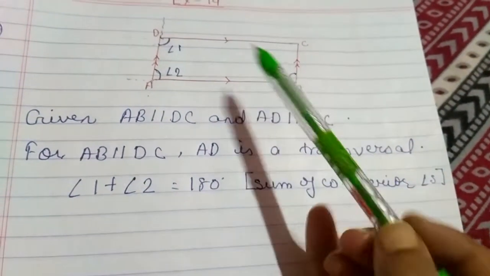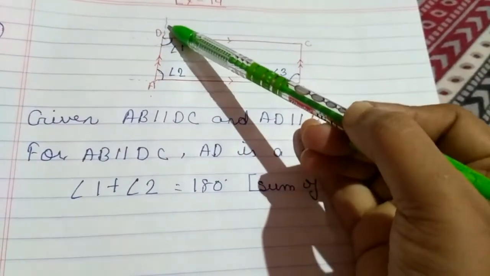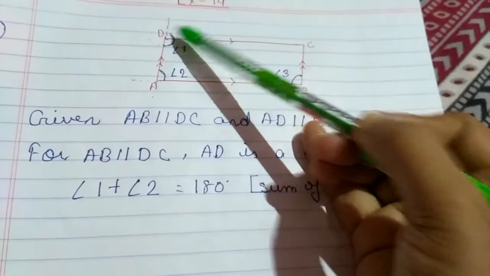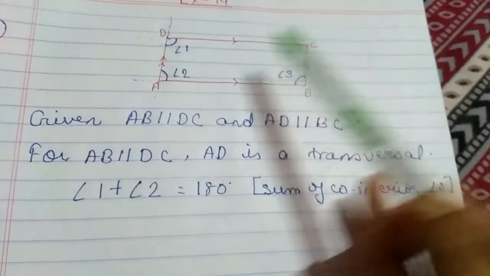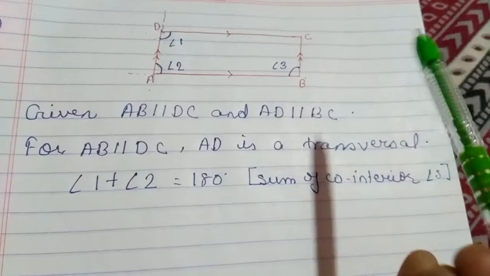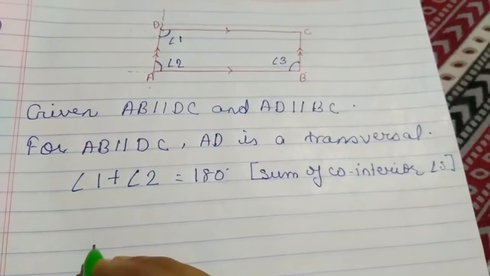Next, suppose you take AD and BC parallel and AB will be a transversal, then what condition happens here?